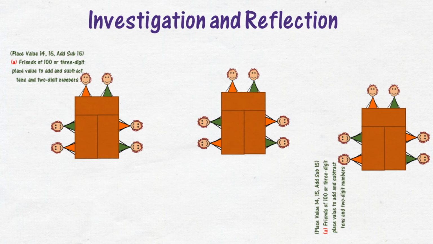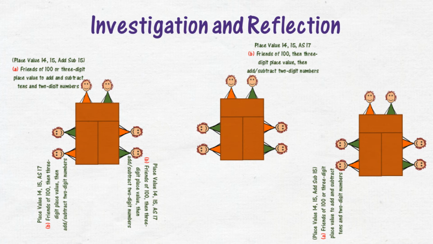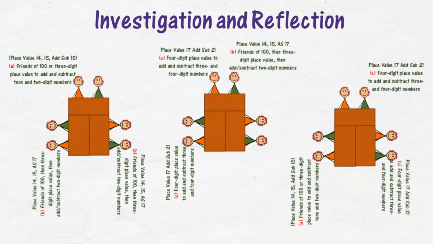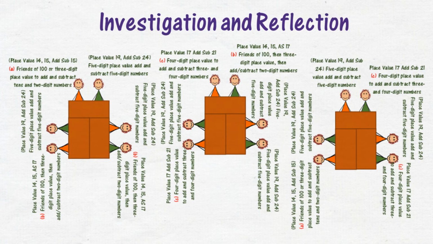For example, A, friends of 100 and 3-digit place value to add and subtract tens and 2-digit numbers. B, friends of 100 and 3-digit place value to add and subtract 2-digit numbers. C, 4-digit place value to add and subtract 3 and 4-digit numbers, and adding and subtracting 5-digit numbers.